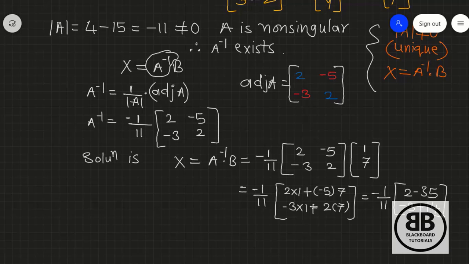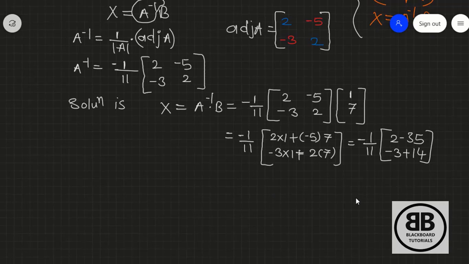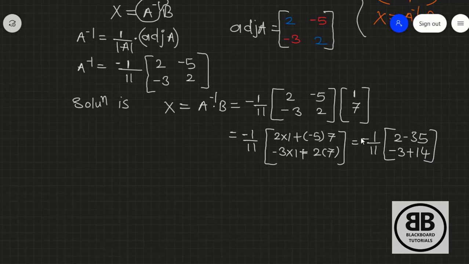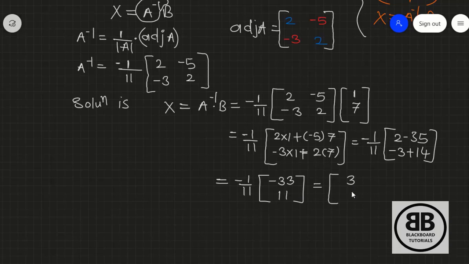After calculation you will get minus 1 by 11 times the matrix minus 33 and 11. Now we have minus 1 by 11 as a scalar; multiply this scalar with the matrix. This will give us 3 and minus 1. What is the LHS here?